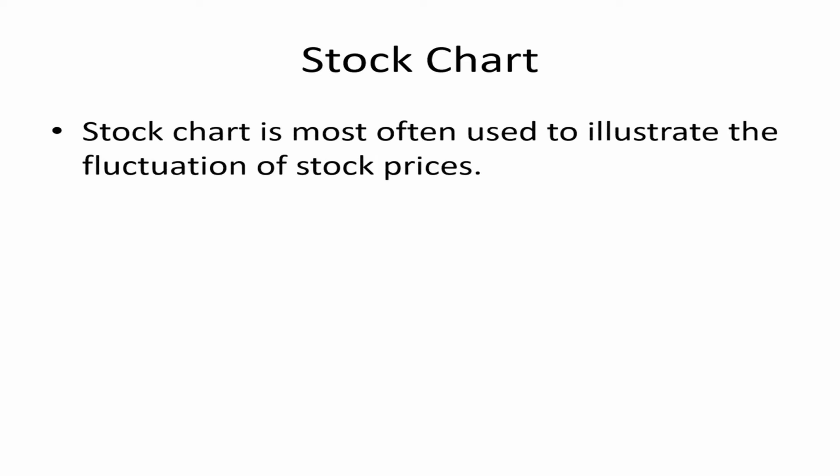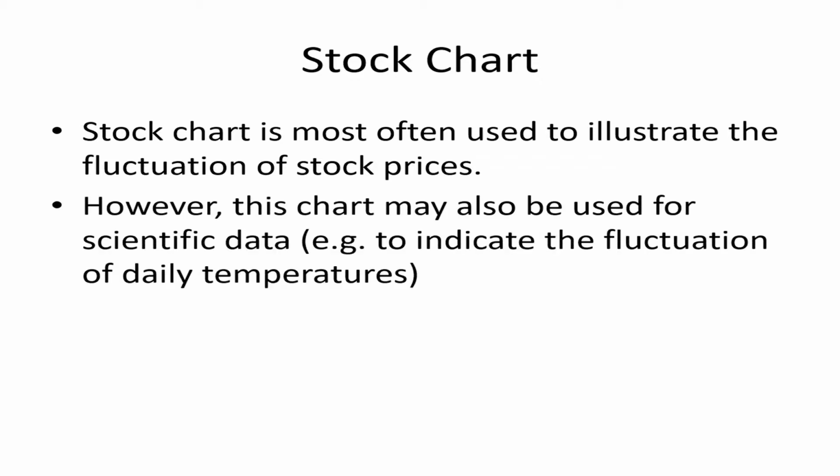The stock chart is most often used to illustrate the fluctuation of stock prices, but there is a trick here. These charts may be used for scientific data to indicate fluctuation of daily temperature, for example, or physical chemical parameters.